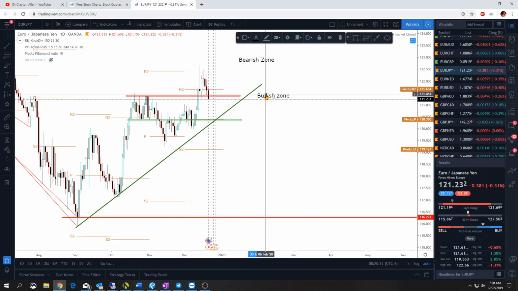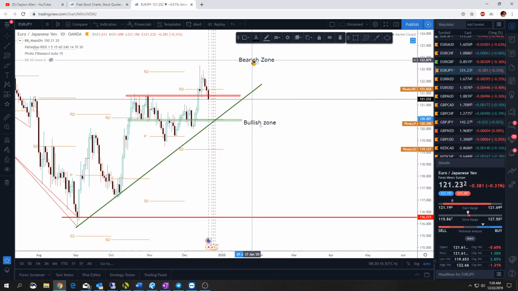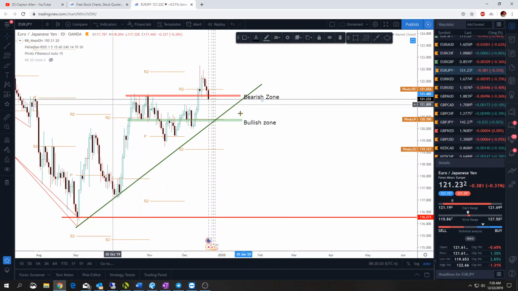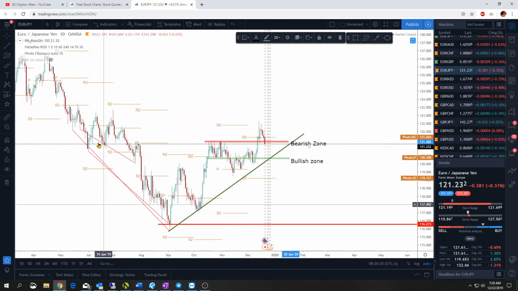So if I get a retest of this former resistance, now support, what we were thinking was going to be support, I'm going to be bearish and sell this puppy, because what we might be seeing is a reversal of this upward trend.